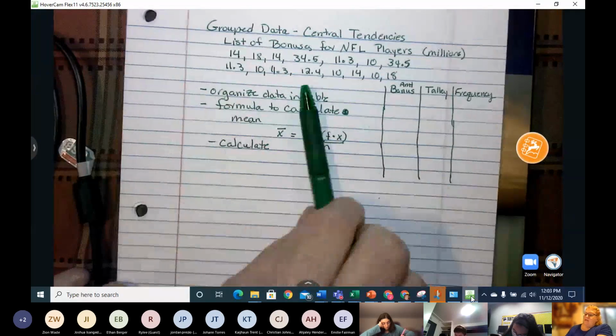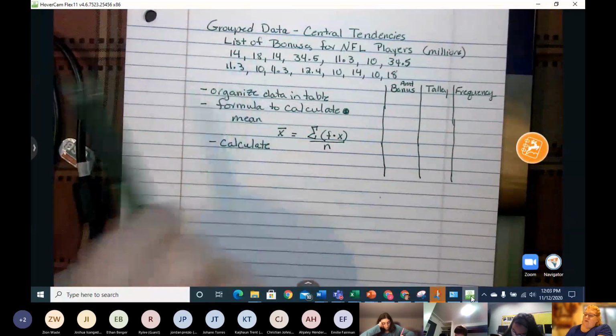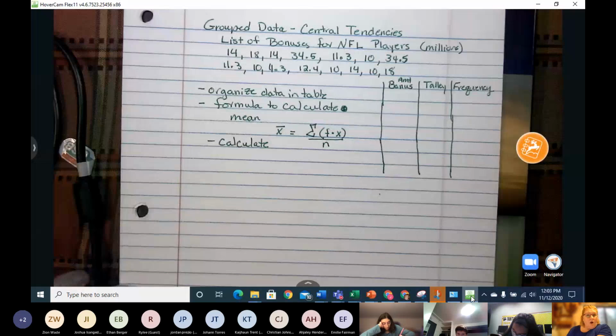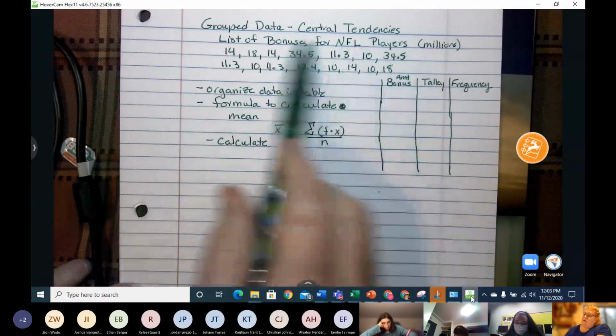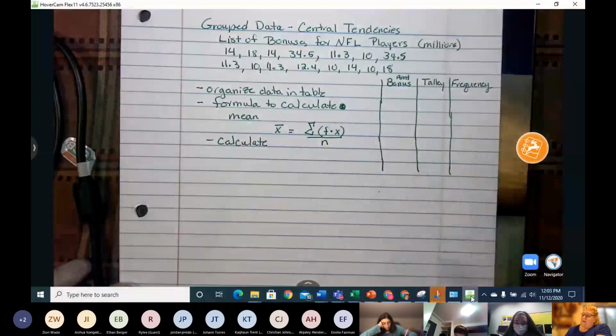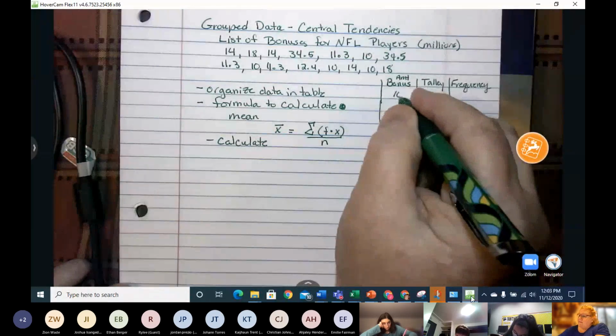And in this particular set of data, we don't have items that are consecutive, but when we organize our table, we do want to arrange it so that it goes from least to greatest. So as we look through our data, we have items that start at the smallest value at 10.